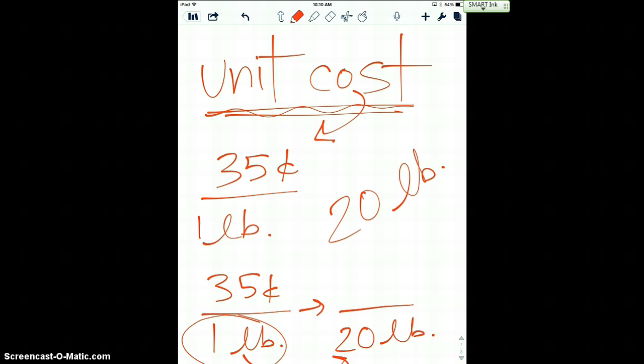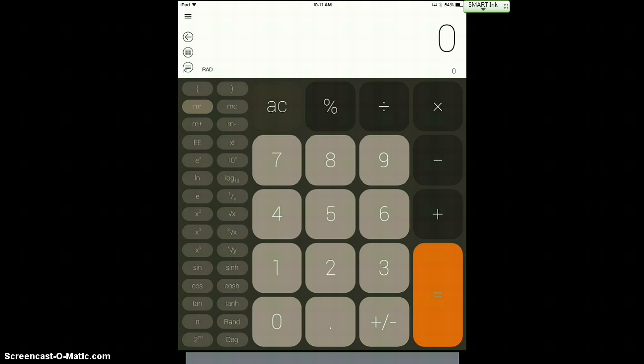So how would I get from here to here? I need 20 pounds worth. I am going to multiply by 20, because 1 times 20 will give me 20 pounds. So 35 cents times 20, and you're going to go ahead and make use of the calculator. I'm not going to type in 35 because that would be $35.